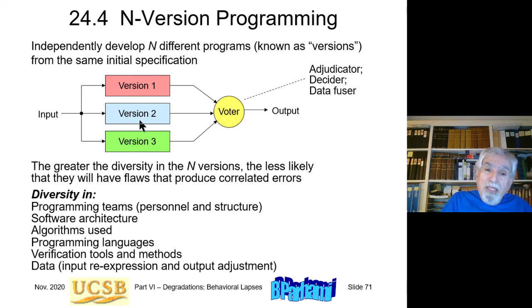But now, if these 3 versions are diverse and something goes wrong, it's unlikely that all 3 versions produce identical errors, or even 2 versions produce identical errors, so that the voter is misled and produces an incorrect result. So that's the idea of n-version programming. In this example, n is equal to 3, but it can be more than 3.